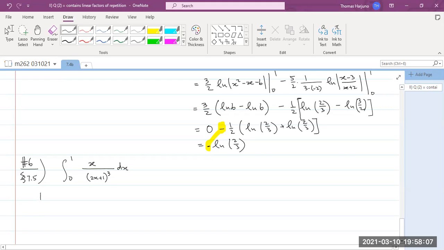So partial fraction decomposition, that's x over (2x plus 1) cubed. That's equal to something over 2x plus 1, plus something over (2x plus 1) squared, plus something over (2x plus 1) cubed.